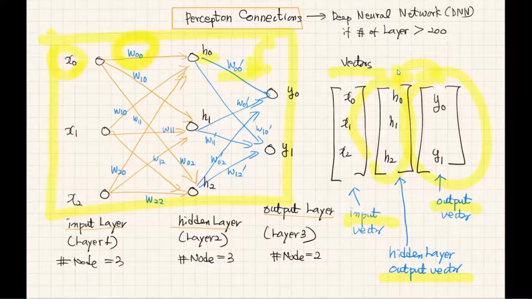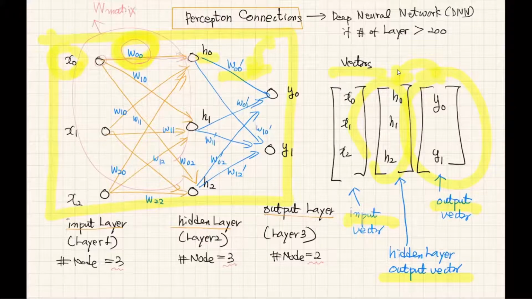Now, let's talk about the connection of perceptrons. This is the case where the input layer has node number 3. We only have one hidden layer, and its node number is 3. We have one output layer, whose node number is 2. The connection from the input vector to the hidden layer nodes can be described by weight numbers, and this group of weight numbers can be represented by a matrix, a weight matrix.